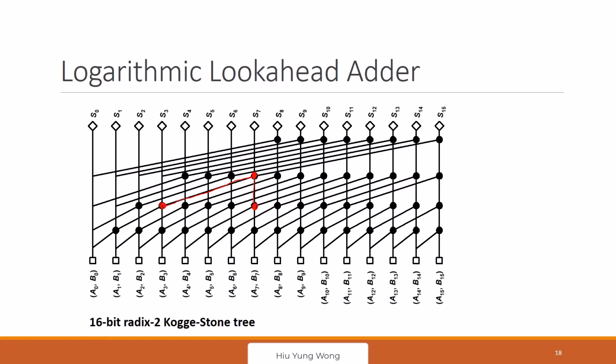But when we say the output of this one, our goal is to find C70, right? The seventh bit. But this one will be the C40. But this C40 will depend on the other group. We keep breaking down, like this.